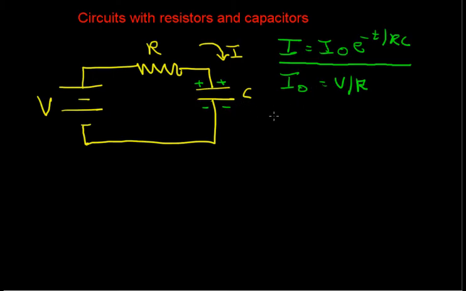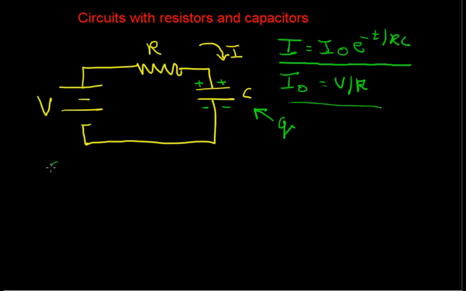And so now we're going to talk about the charge on the capacitor as the current runs on. The charge on the capacitor increases, and so it turns out there's a relationship between the charge on the capacitor and time, just like there is between the current through the resistor and time.